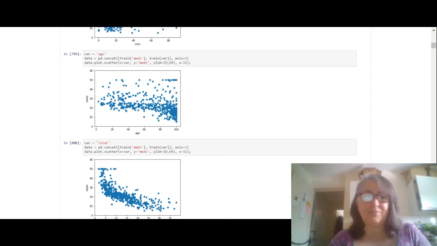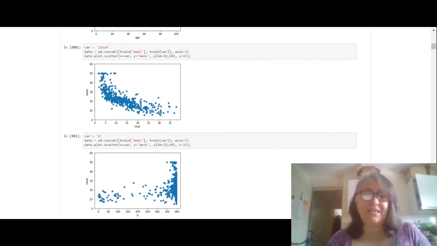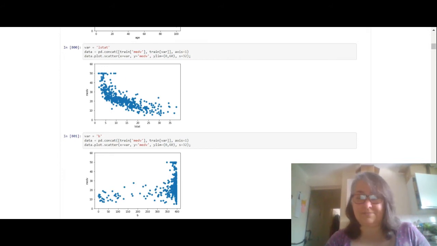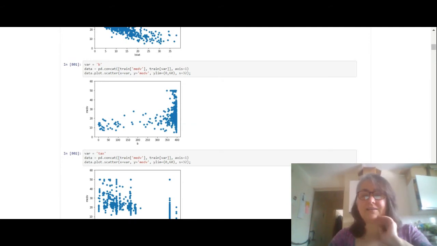So now we're doing a scatter plot of the age of the house and how it corresponds to the value of the house. You're then seeing a scatter plot of the lower economic status of the area in accordance with the value of the house. And this is a very contentious issue. I couldn't believe it, because you've got Black Lives Matter and all of these other groups, and this big push for diversity.